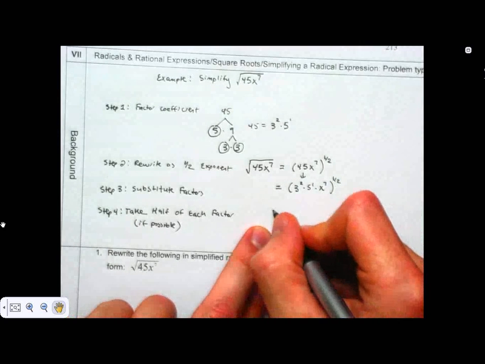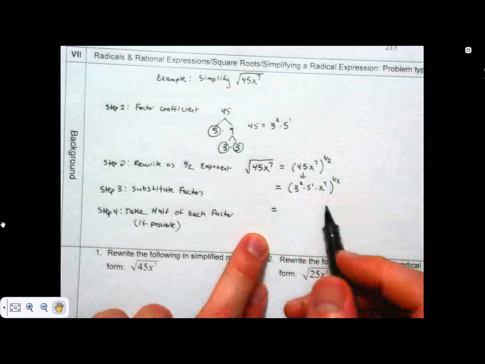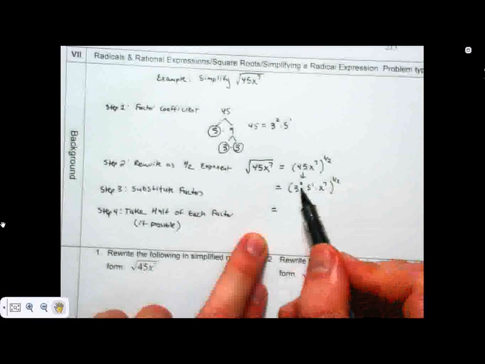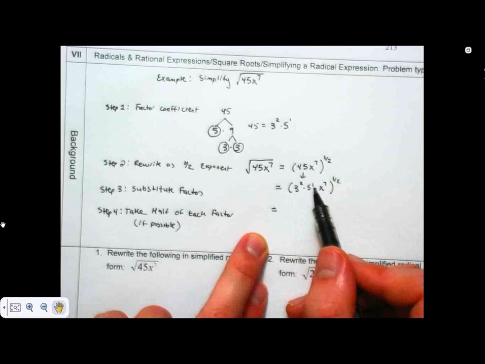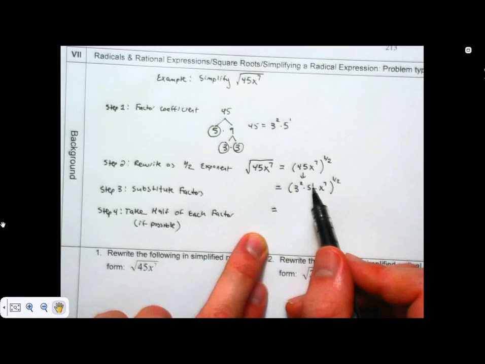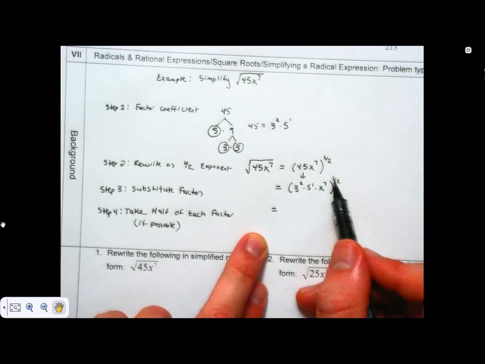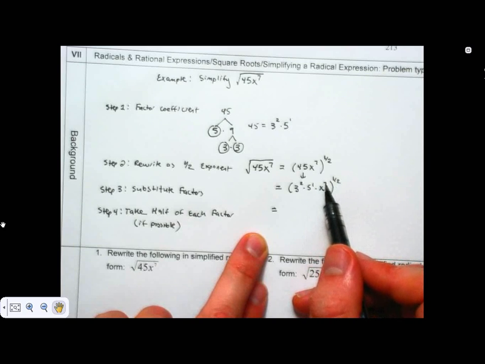Okay, and then the fourth step is to take half of each factor. So I've got two factors of 3. Half of 2 is 1. I can't take half of 1 without getting part of a number, and I can't take half of 7 without getting part of a number.